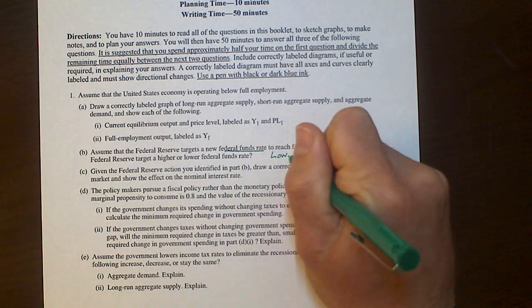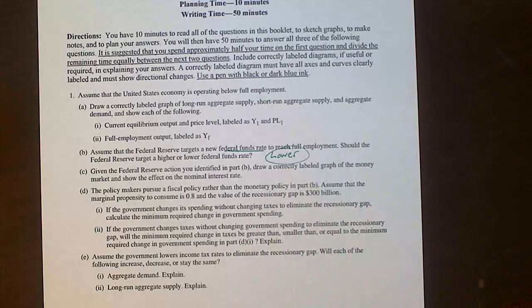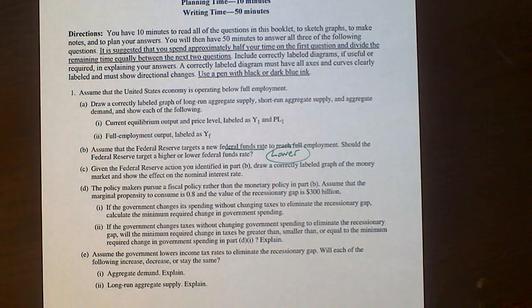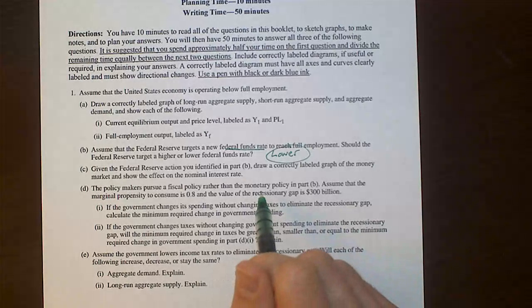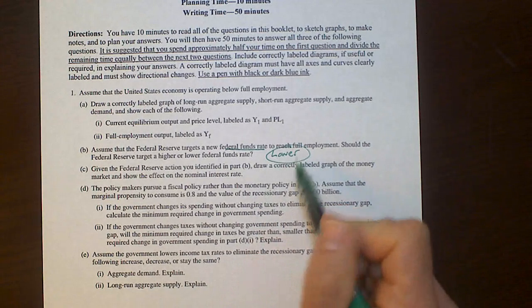And we would write this out in a sentence, but they would target a lower federal funds rate. If there's a lower federal funds rate, then that increases lending between banks. And if we increase lending between banks, that should make it easier for banks to also pass on new loans to consumers or to businesses. When we're in a recession, we want to lower interest rates.